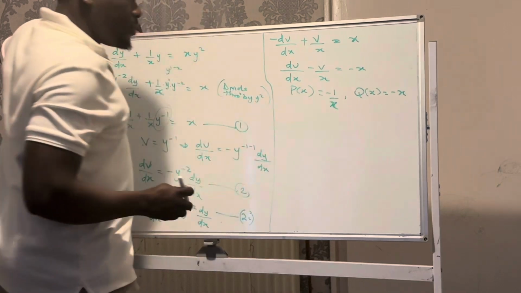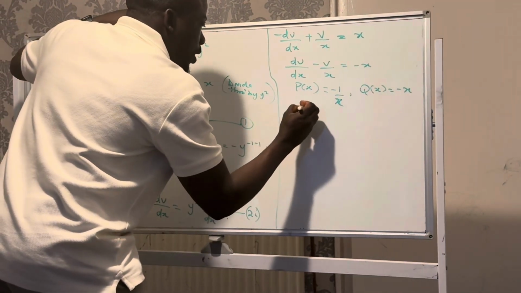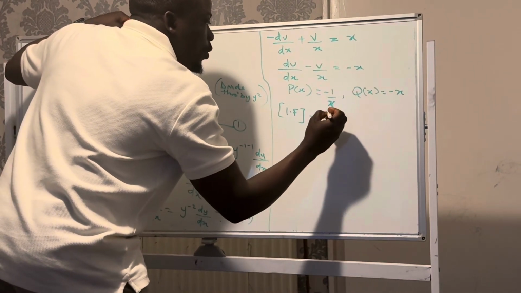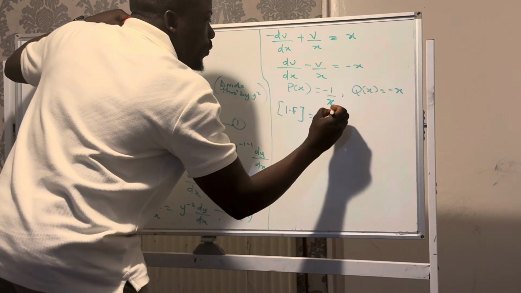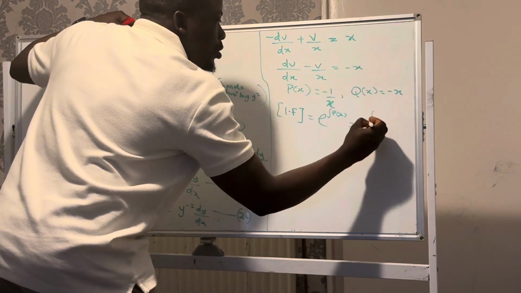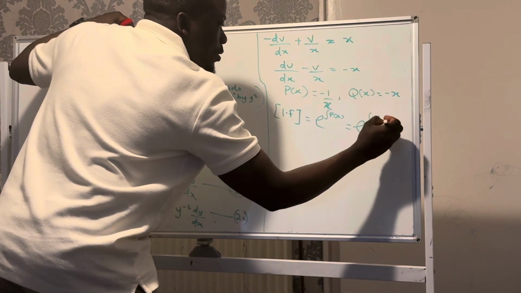Then we know the next step: to determine our integrating factor. Our integrating factor, IF, will be equal to the exponential of the integral of p of s, which is the integral of minus 1 all over s ds.